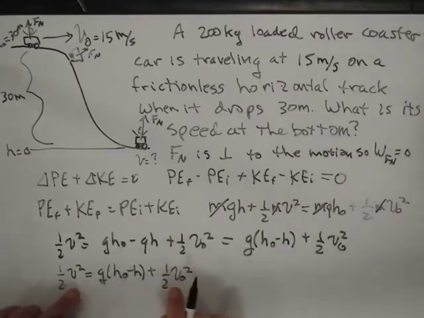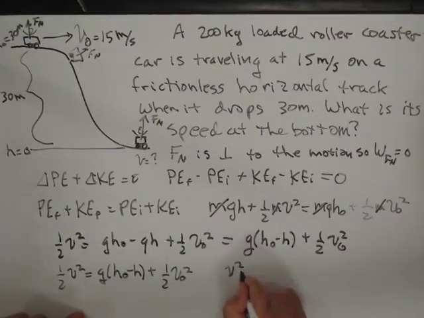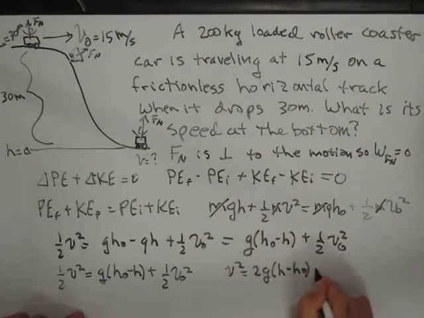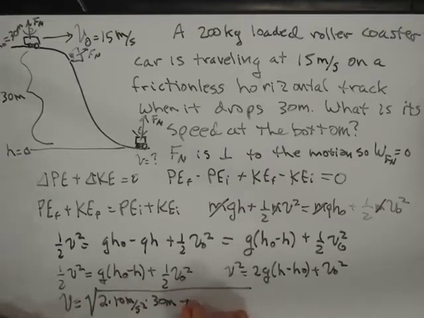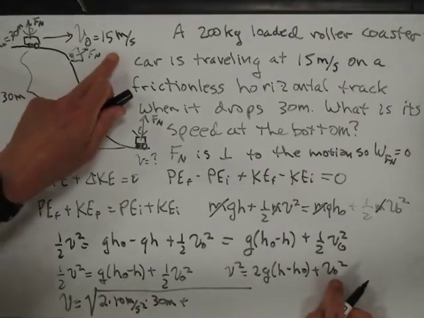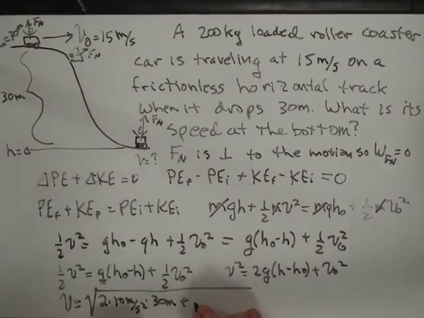So I'm going to multiply through by 2, and I get v squared is equal to 2g times h naught minus h plus v naught squared. And that gives me that v is equal to the square root of 2 times 10 meters per second squared times 30 meters plus, so v naught is 15, v naught squared is 225.